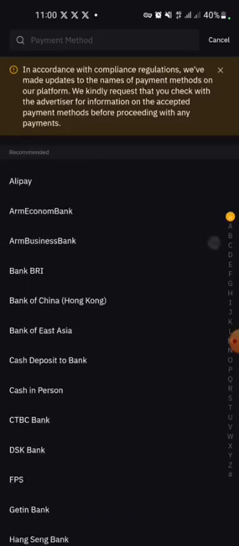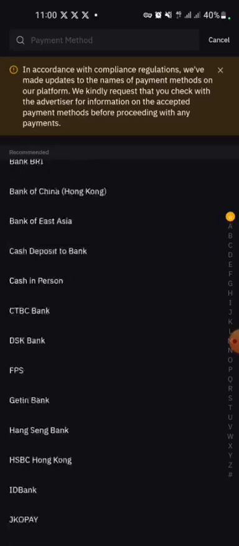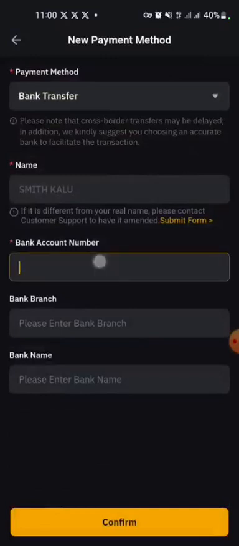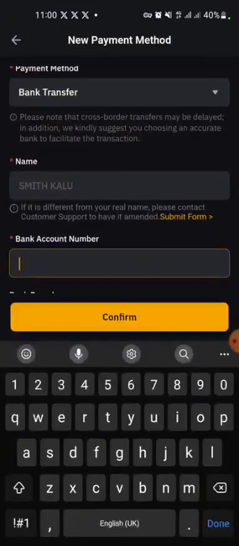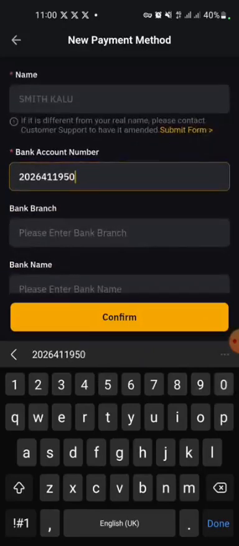Or you can be specific about your bank, if you can find your bank here, but majorly select bank transfer. You select your name. My name is already there. Select your bank account number. My bank account number for Kuda is this 41950. Then you select bank branch. This one is optional.